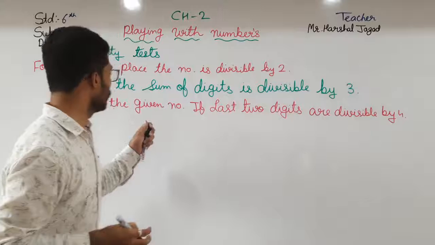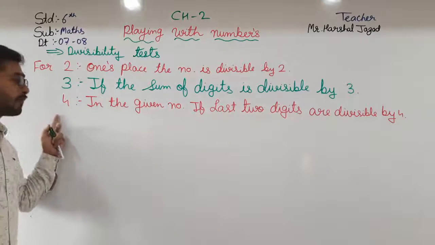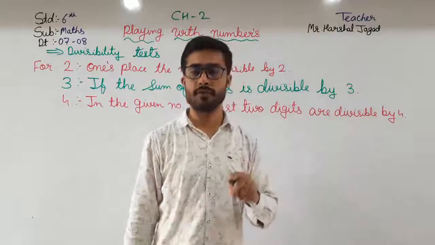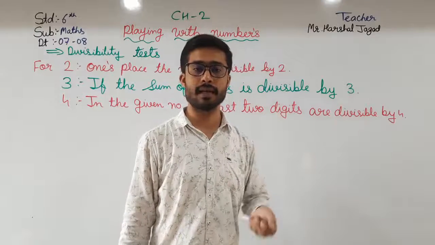Okay, students, so for the divisibility test of 4, in the given number, if the last two digits are divisible by 4, then that number is divisible by 4.